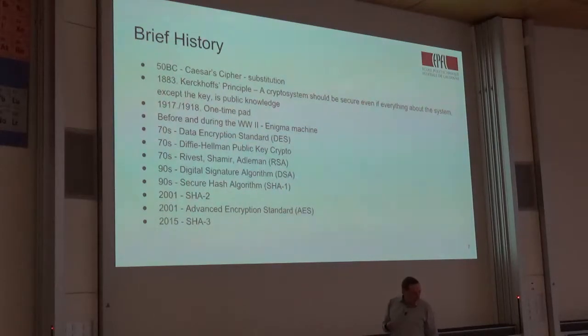But then in 1917, 1918, cryptography started advancing in practice during the First and Second World Wars. First of all, in the First World War, the use of one-time pads, and then in the Second World War, the Enigma machine, which was a major cryptographic advance, and the famous cracking of that by the Bletchley Park project. Alan Turing and his company played a really major role in the war on both sides.